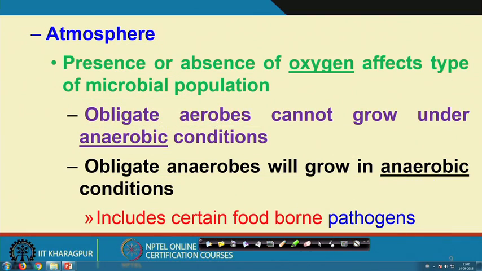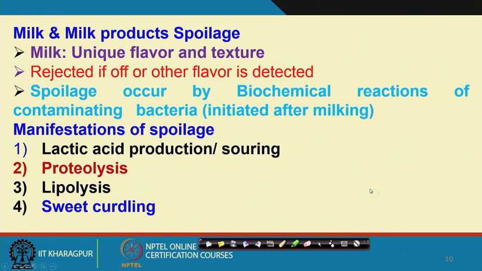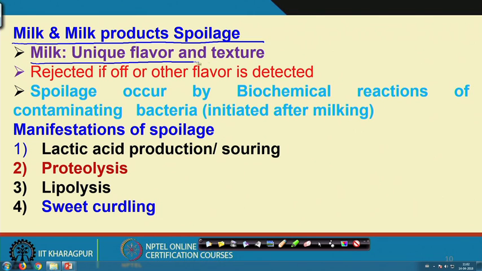So, next we go to milk and milk product spoilage, right. If we look at it, we see that milk is a unique flavor and texture product, and it is rejected if there is off flavor in the milk.